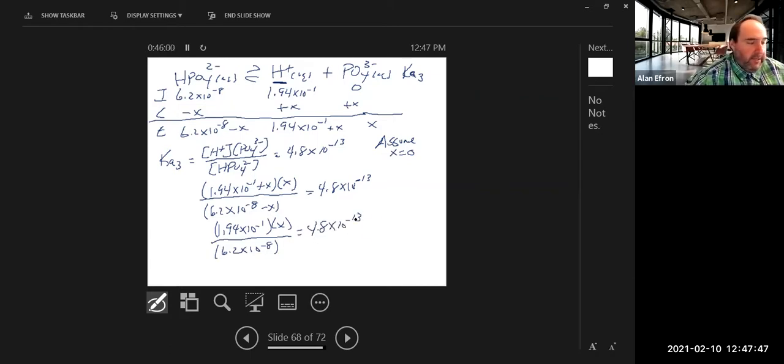We're going to multiply the bottom to the other side. So that's 6.2 times 10 to the minus 8 times 4.8 times 10 to the minus 13. We're then going to divide it by 1.94 times 10 to the minus 1. That is going to get us 1.5 times 10 to the minus 19 as the X value.